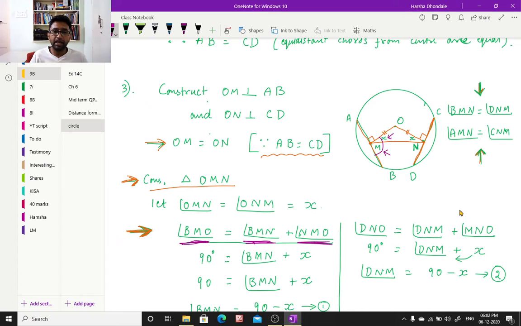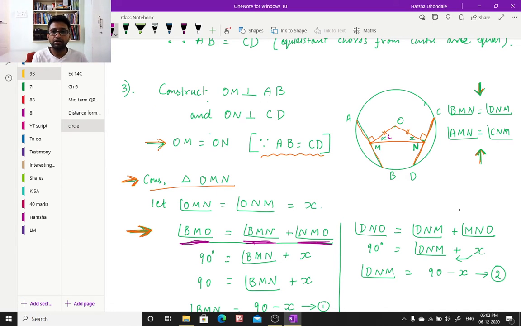Next, BMO is equal to 90 degrees, and then BMN I am writing as it is, and NMO is equal to X. Now if you have a doubt how BMO is 90 degrees, we have OMA is 90 degrees, therefore BMO must be 90 degrees. Therefore I have written BMO equals 90 degrees. That's all, as simple as that.